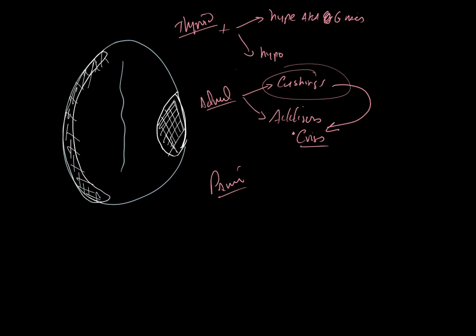Okie dokie, let's see. Are there any other major problems? Again, I'm trying to go for big picture problems here for you guys. Oh yes, the rare pheochromocytoma. What is that? It's a catecholamine secreting tumor.